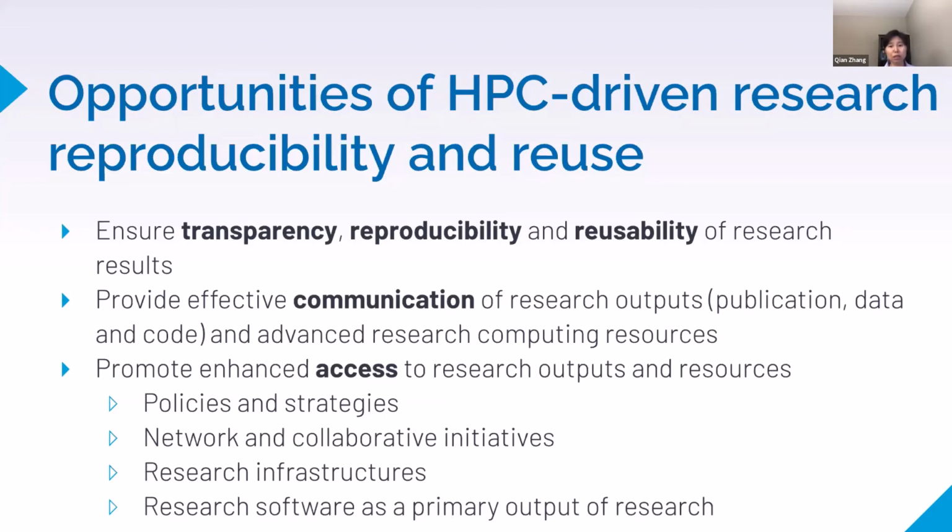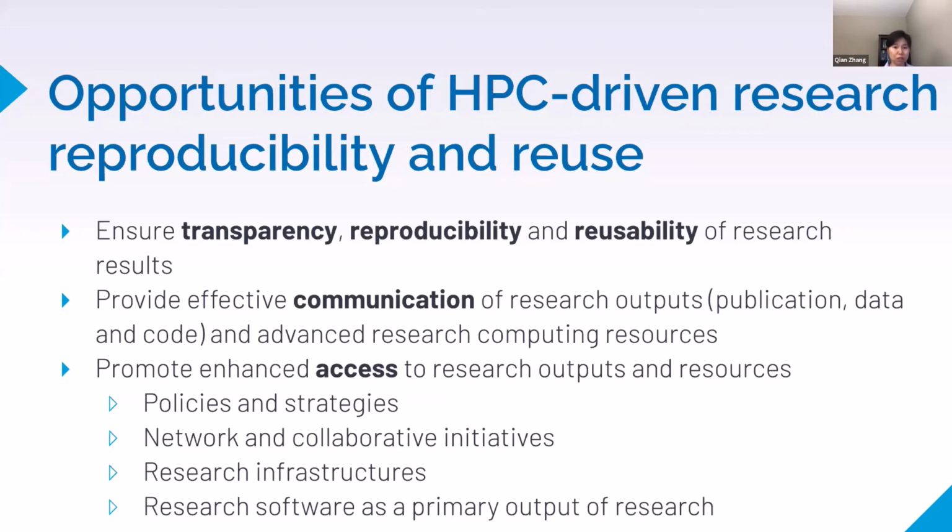So promoting enhanced access to research outputs and resources will provide us the opportunity to lead in specific domains in enabling the accessibility of the knowledge, information, and data generated by federally funded research, and by increasing access to software and code.